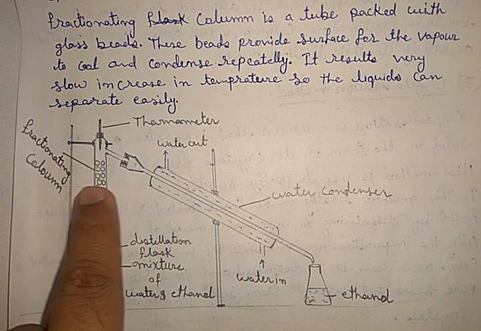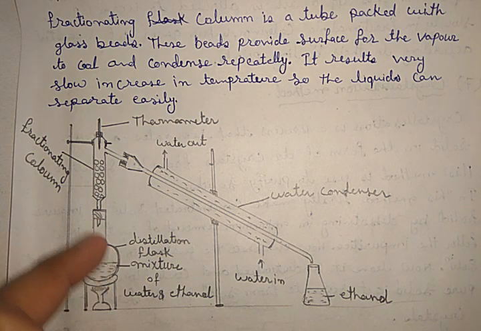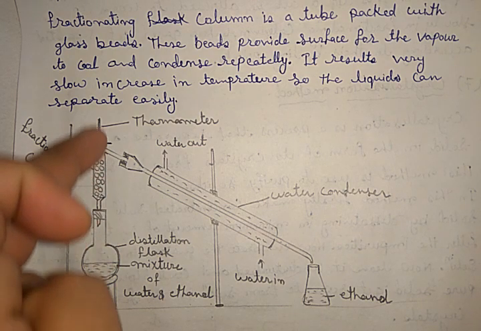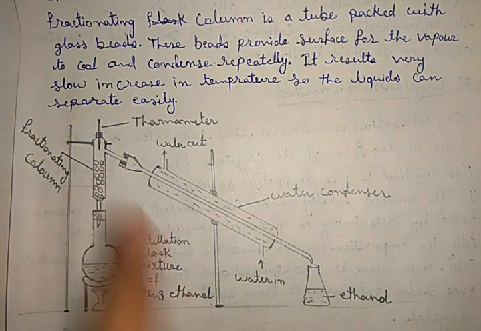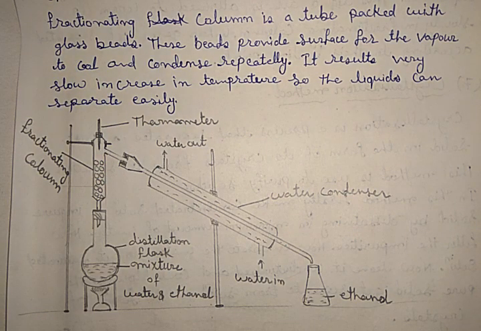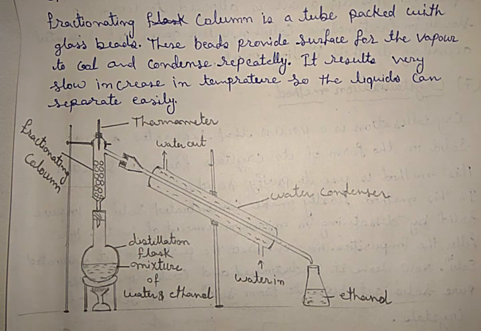In this process, the temperature of the glass beads increases slightly. Again the liquids fall down, convert into gas form and rise up. Again they come in contact with the glass beads and condense. This repeated process increases the temperature of the glass beads very slowly.